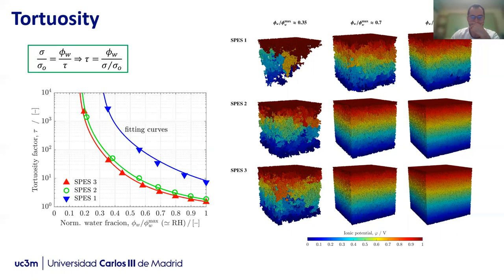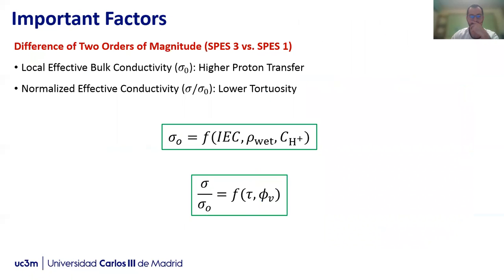That's also how to decrease tortuosity while avoiding excessive crossover and maintaining a good resistance of the membrane. So the key role of the tortuosity factor.